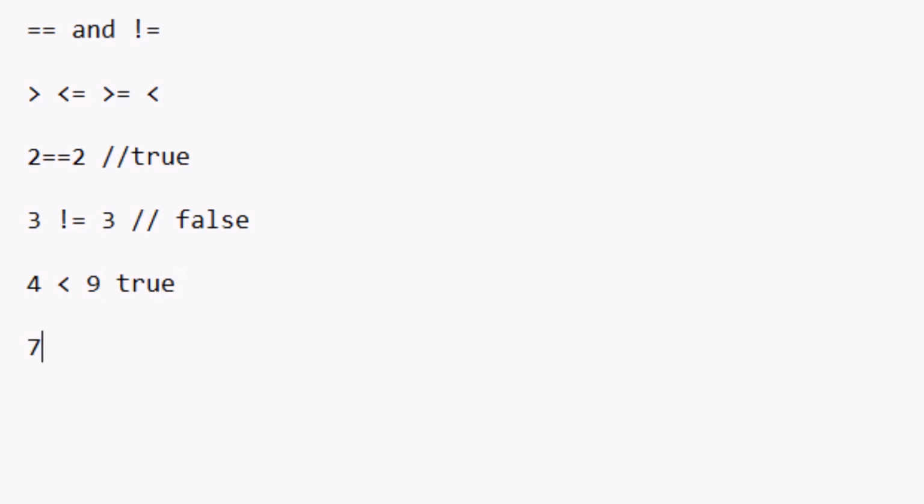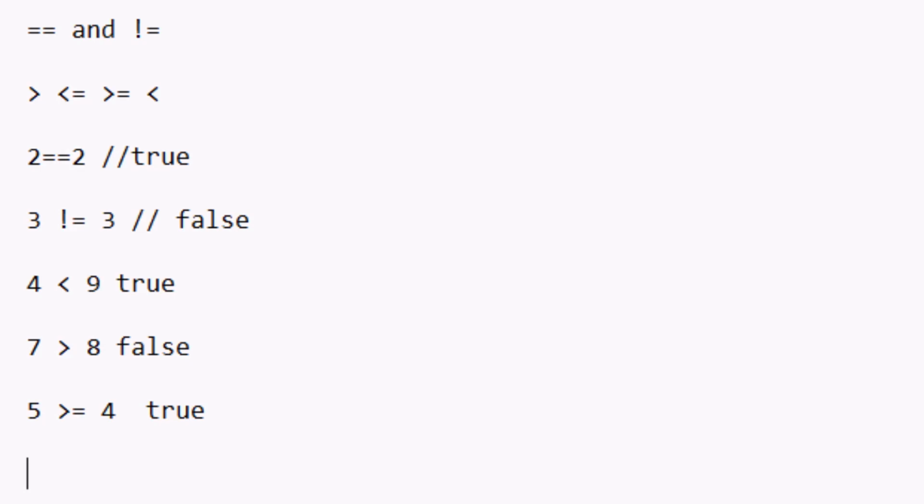I can say 7 greater than 8. That will be false because 7 is not greater than 8. Then I can say 5 greater than or equals to 4. This will be true because 5 is greater than 4.